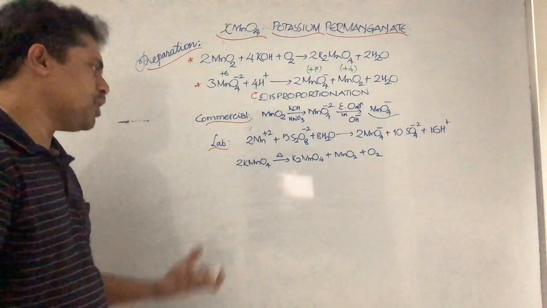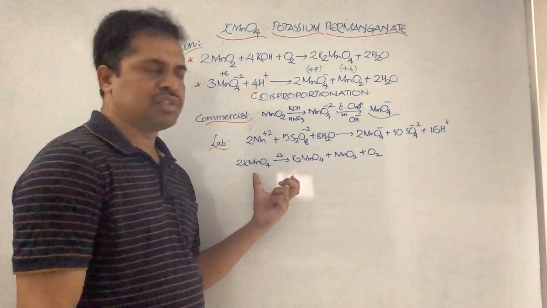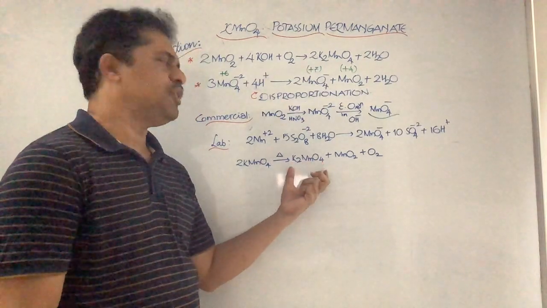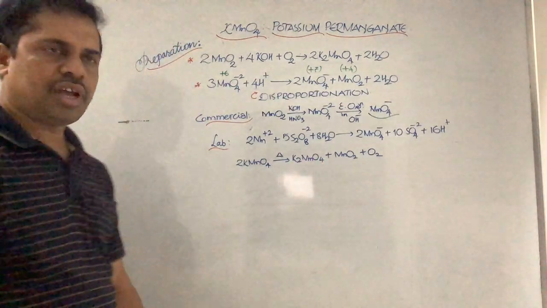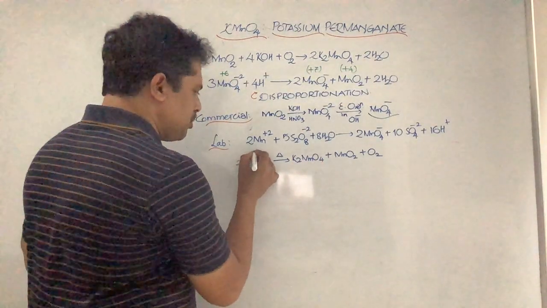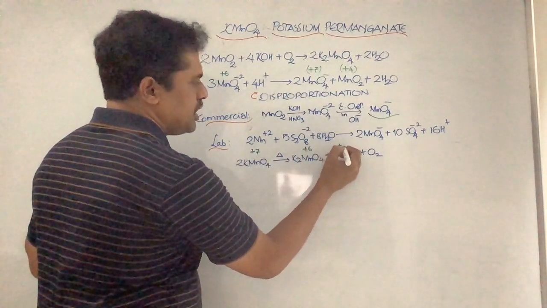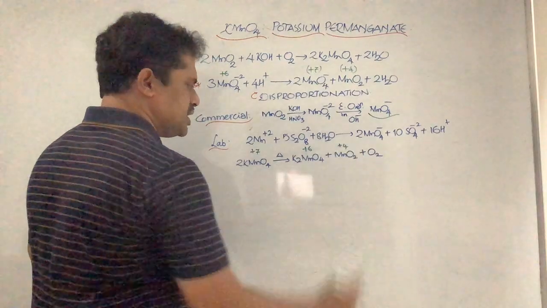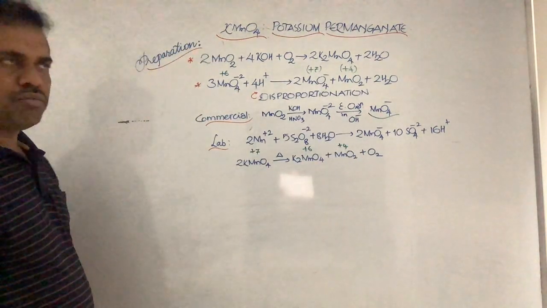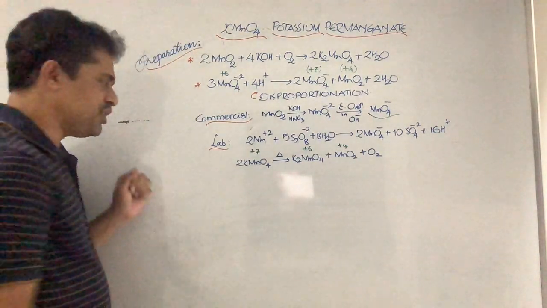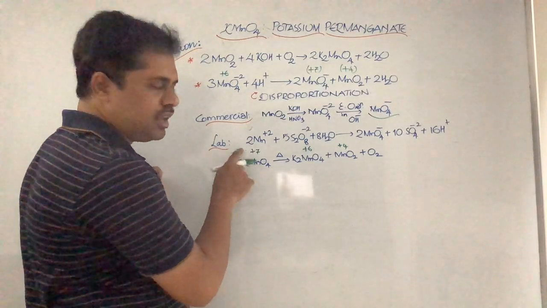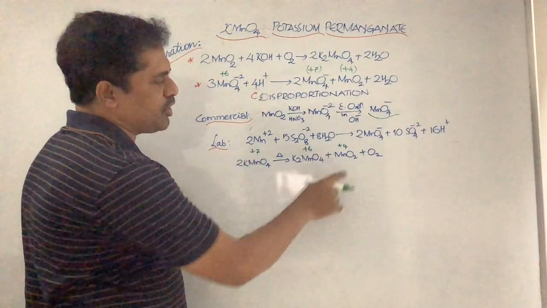And one very special property of KMnO4 is that KMnO4 undergoes a change to form K2MnO4 and MnO2. KMnO4 has +7 oxidation state, this is +6, and this is +4. So it should not be called disproportionation, very sorry for that. KMnO4 is +7, it is going to +6 and to +4.